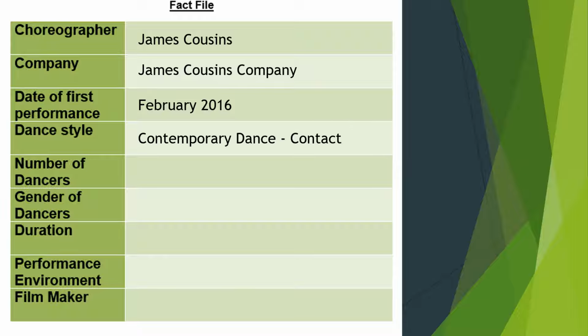The main dance style is contemporary dance, but I've just added there, obviously we all know that contact is a dance relationship, but it's so important to remember that the whole dance, but the bar the prologue, is all in contact, but it is in the contemporary style. We know there are two dancers. One of them is male and one of them is female.